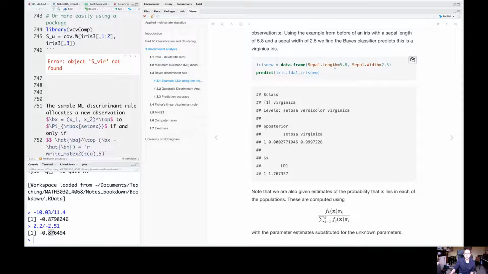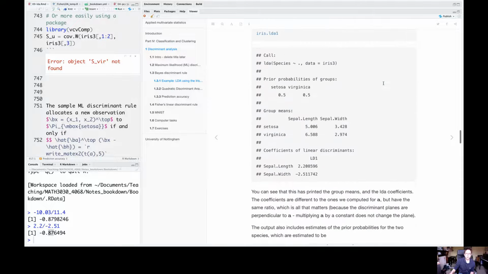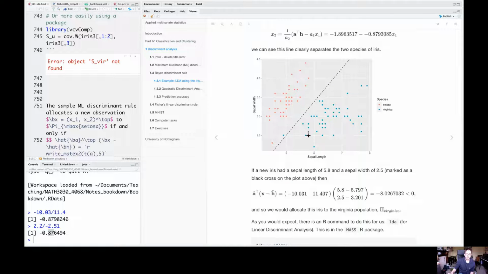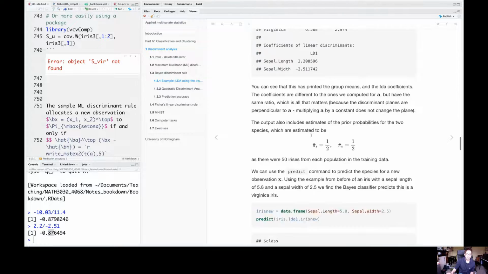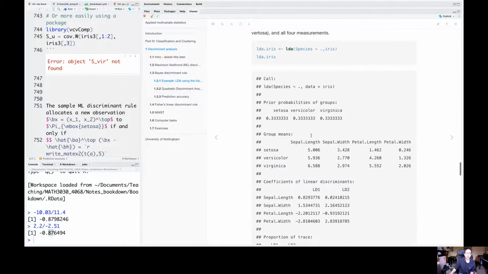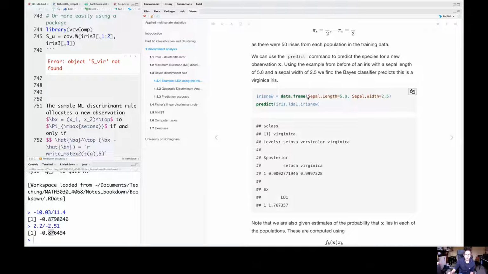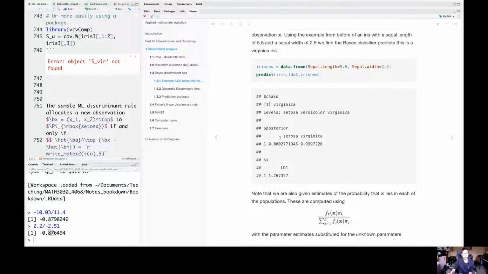So I've created a new data frame with the right column names, with sepal length 5.8 and sepal width 2.5, like we had in this figure, this point here. You just pass it into this predict command, and it gives us the following.